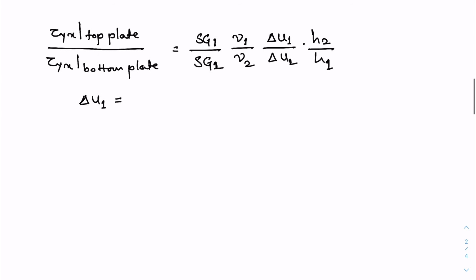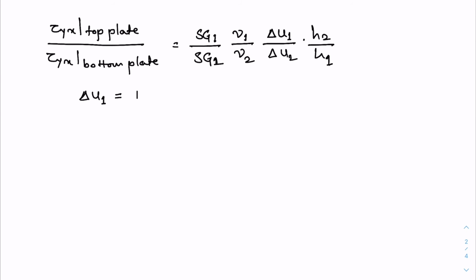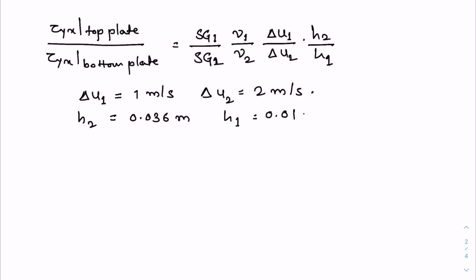So delta U1 is 1 meter per second, delta U2 is 2 meters per second, H2 and H1 are also given. H2 is 0.36 meters, H1 is 0.01 meters.